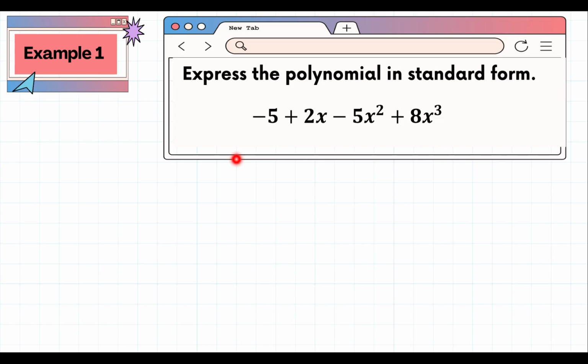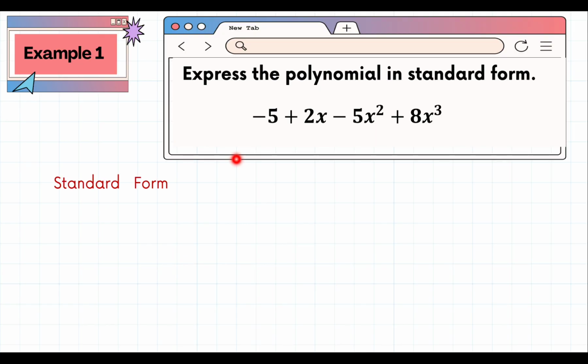Example number 1. Express the polynomial in standard form. Negative 5 plus 2x minus 5x squared plus 8x cubed. Likewise, I will be asking other questions aside from the expression to standard form.